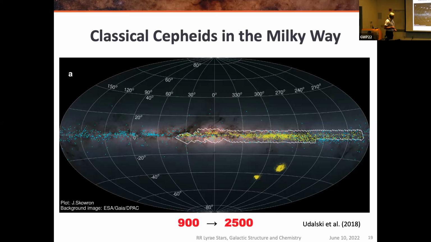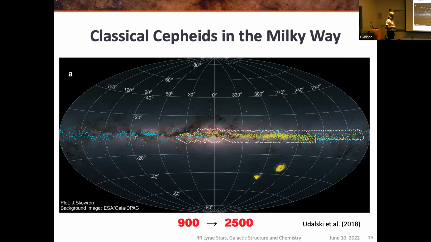Let's go to the results. Let's start with classical Cepheids. Just 4 years ago, only 900 classical Cepheids were known in our galaxy. We increased this number to 2,500 objects. These yellow points show the position of all classical Cepheids identified in our database.